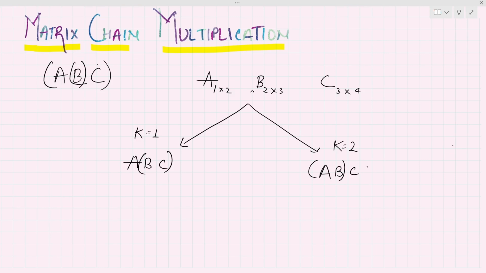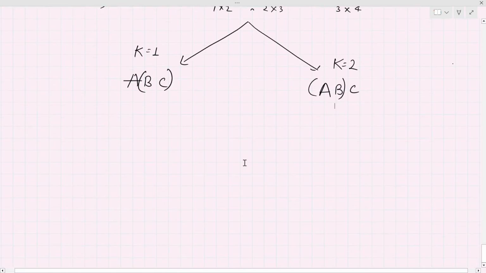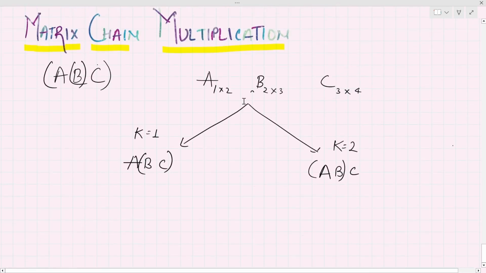We are not able to solve all three matrices in one go. First we find the values of the different parts and then add them up. When we have more than three matrices, we need to identify all the combinations, and only then can we find the correct combination of these matrices.